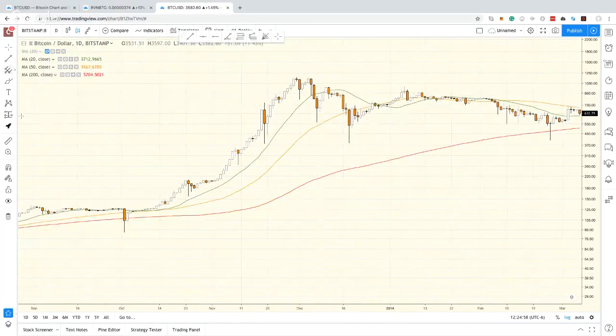This strategy is not perfect as well. So you're selling here in this close, then you're rebuying here, and then you're selling again here because we closed right below the 20 MA. So this was a losing trade.